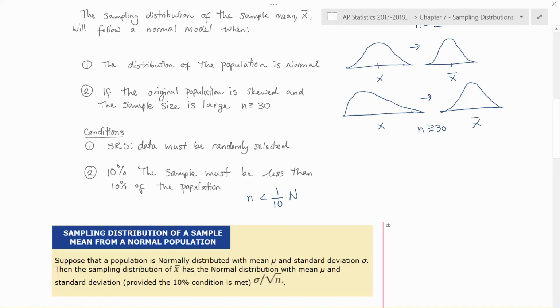It would be like if I wanted to estimate the true proportion of day students in a particular class at school. So the class is maybe 100.